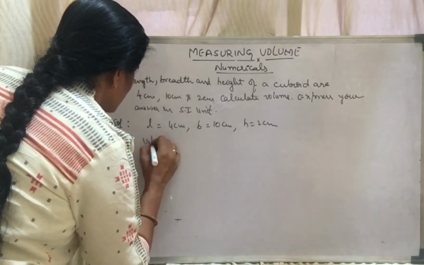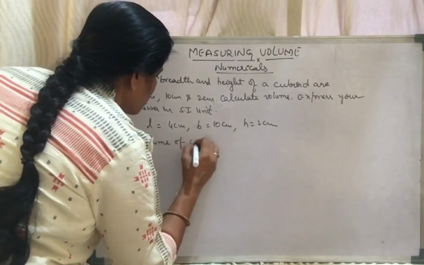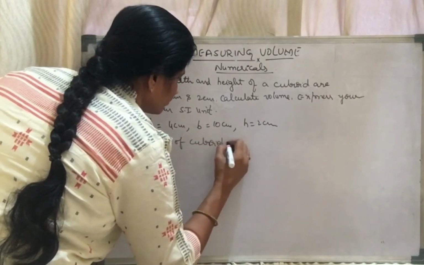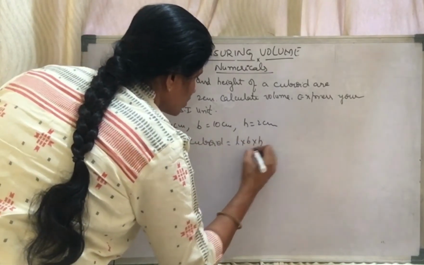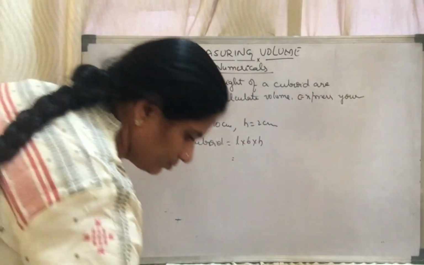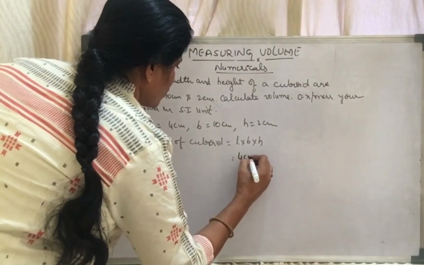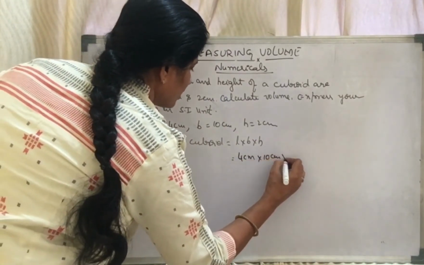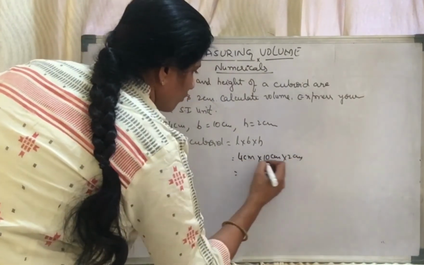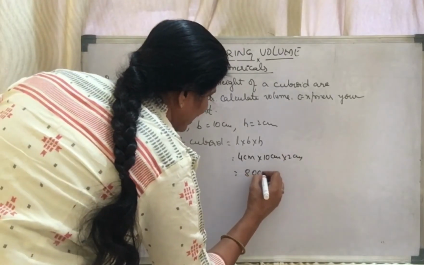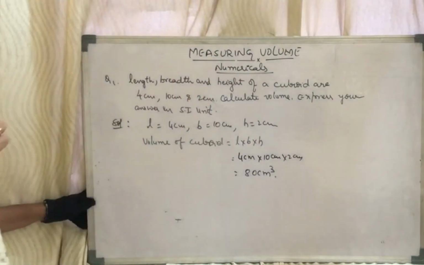Volume of cuboid is L into B into H. So 4 cm into 10 cm into 2 cm. 4 tens are 40, 40 twos are 80 centimeter cube, or 80 cc.